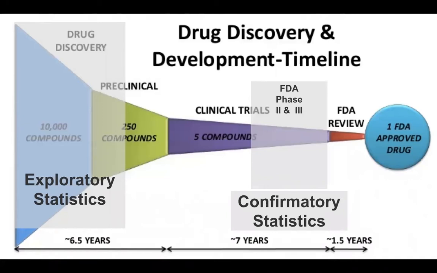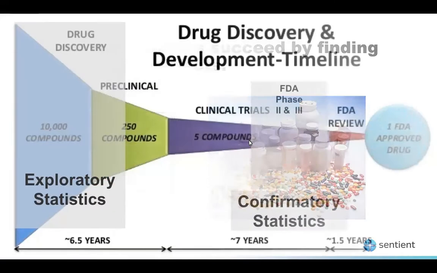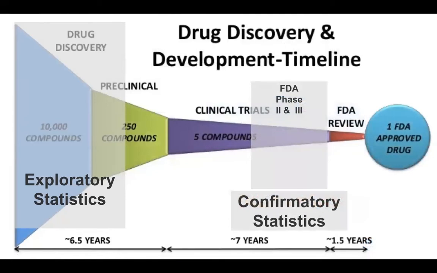They're using a variety of techniques, microarray screening techniques, all sorts of techniques that are generally lumped in the category of exploratory statistics. Taking a drug to market is well over a $1 billion process. It takes well over 10 years, and only a small part of that is confirmatory tests. Most of it's exploration.